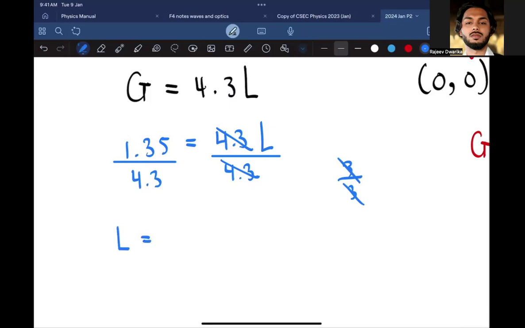So somebody plug that into your calculator and let me know what you're getting. You should be getting like 0.3 something. Justin, you understand what I did there? I wanted to find 1L, so I divided both sides by 4.3.